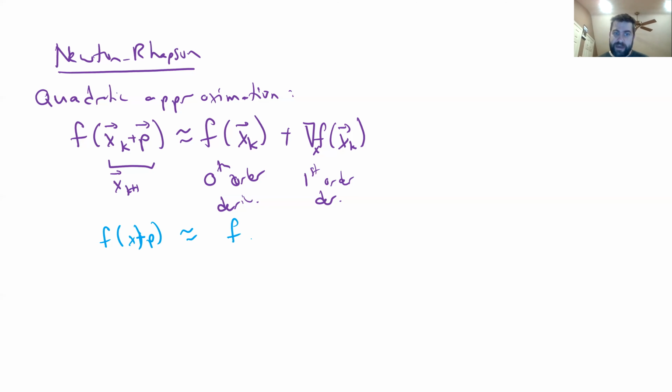It would be f of x plus f prime of x times p, our shift relative to our expansion point, and then a second derivative piece, the 1/2 second derivative of x times p squared, and so on.